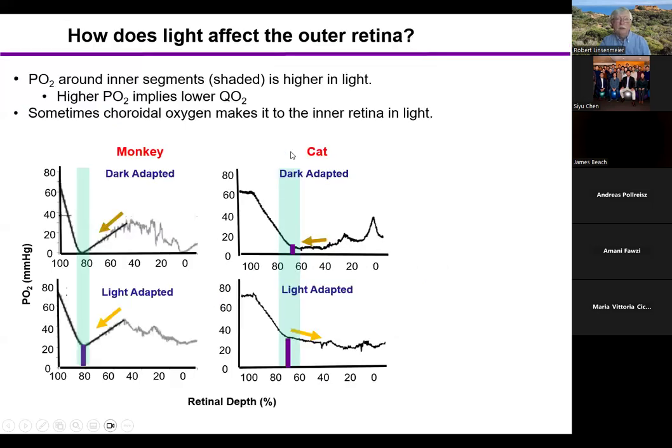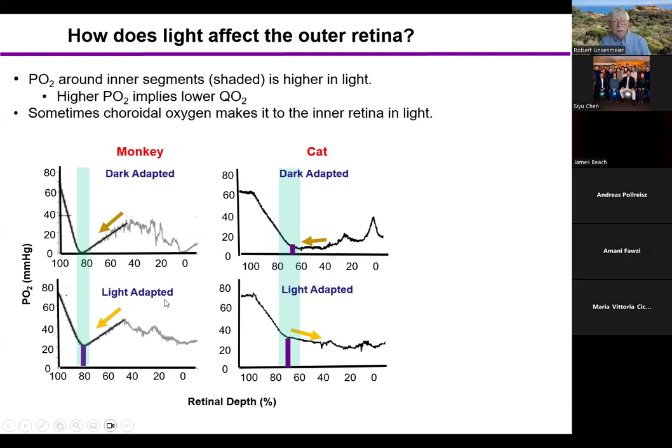Now, what happens if you turn on a light? Well, the main thing that happens is that the PO2 around the inner segments goes up. So here's a monkey profile in dark adaptation and one in light adaptation, and you can see that the PO2 is higher here, that I've shown by this little purple bar. The same thing happens in the cat.